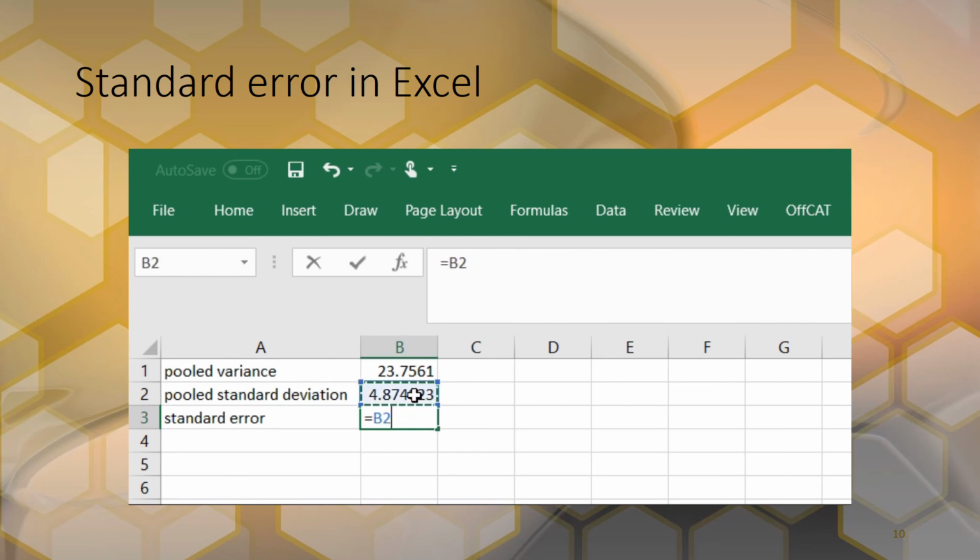So you're going to just click on it, times, which is shift 8, the asterisk, and then put square root, SQRT, and then in parentheses, put 1 divided by, which is the forward slash, 56, plus 1 forward slash for division, 28, and then close your parentheses and press enter. And so the standard error is 1.128.